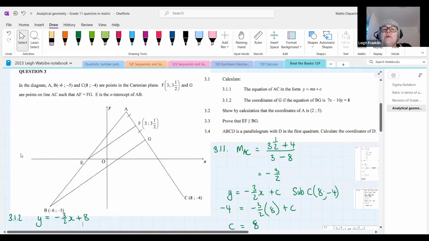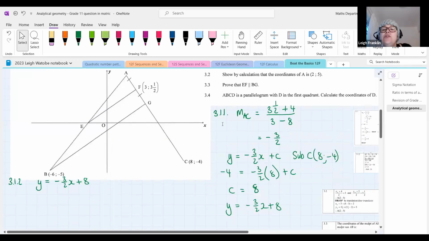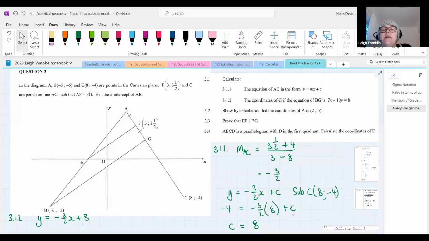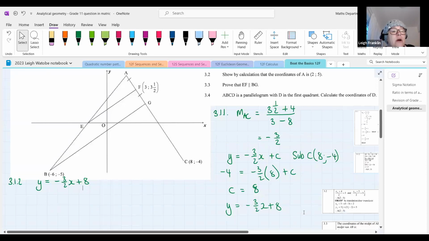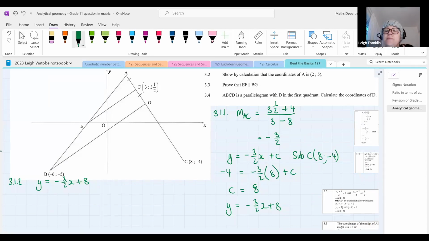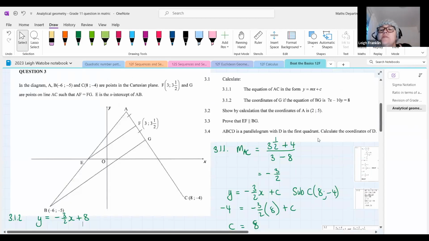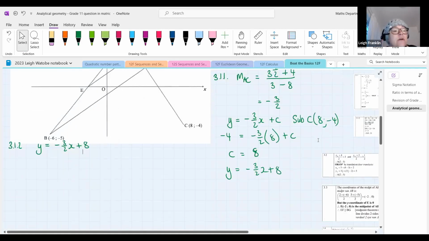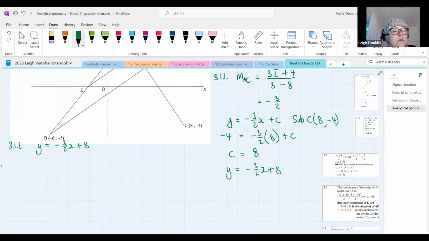And they have told us that the equation of BG, I'm just moving this down a little bit, guys, I hope you don't mind, the equation of BG is 7x minus 10y is 8. So 7x minus 10y is 8.